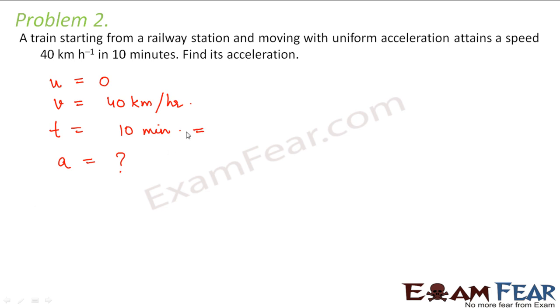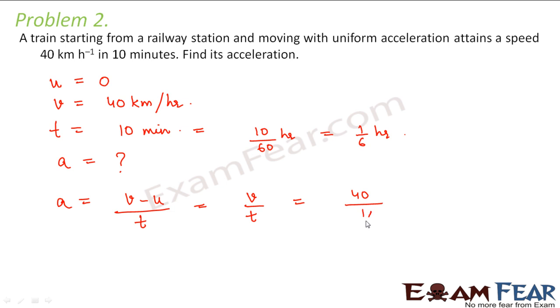Now we can convert this time into hour. So this becomes 10 by 60 hour, that is 1 by 6 hour. Acceleration is change in velocity, that is v minus u by t. u is 0, so this is v by t. So this becomes 40 divided by 1 by 6, which is equal to 240 km per hour square.